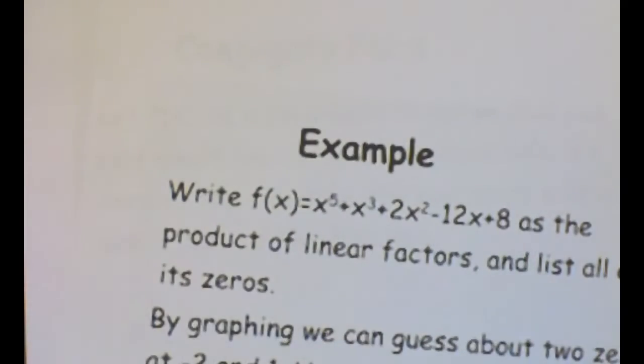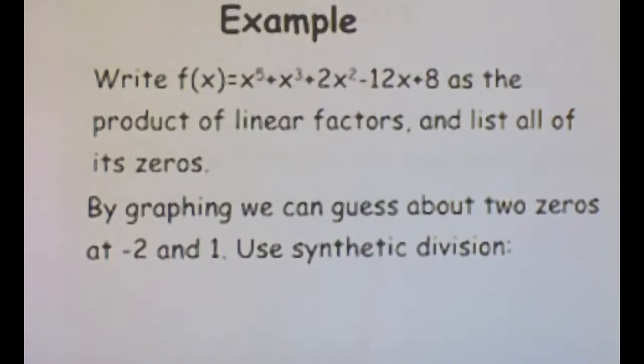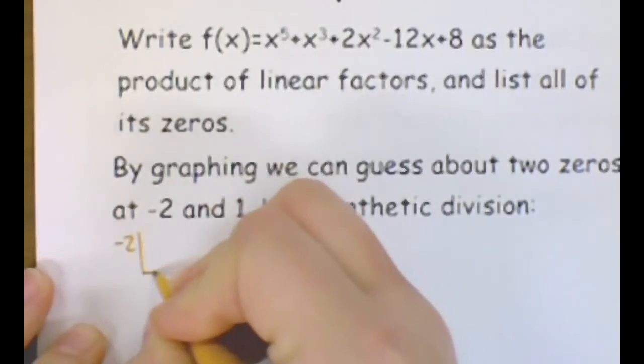All right, for our next one, we are going to write this whole polynomial as the product of linear factors and list all of its zeros. We can graph it to start. By graphing, we can guess about 2 of the zeros at negative 2 and positive 1. We can use synthetic division to start breaking this down a little. So I know negative 2 is a 0.